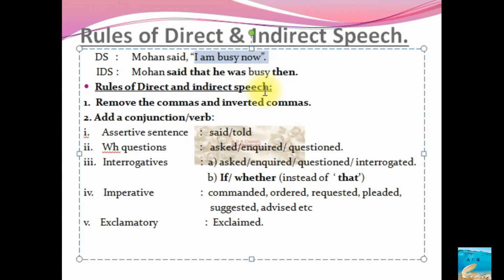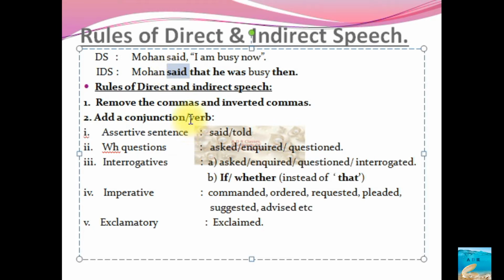Okay, so if the sentence is positive, we are supposed to use said or told. So Mohan said or Mohan told. Instead of said, I can also use told. So there is no issue at all.